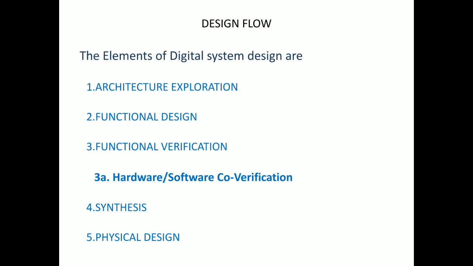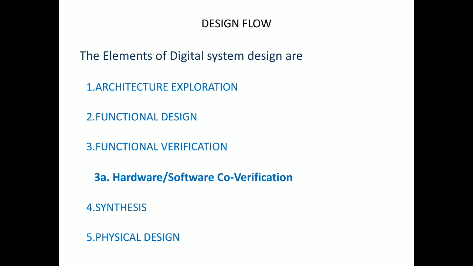Those number of steps are incorporated from a few essential elements. Those essential elements are architectural exploration, functional design, functional verification. In functional verification, since we are using both the hardware part and the software part, we saw in our input output devices chapter different types of input devices and different types of output devices.